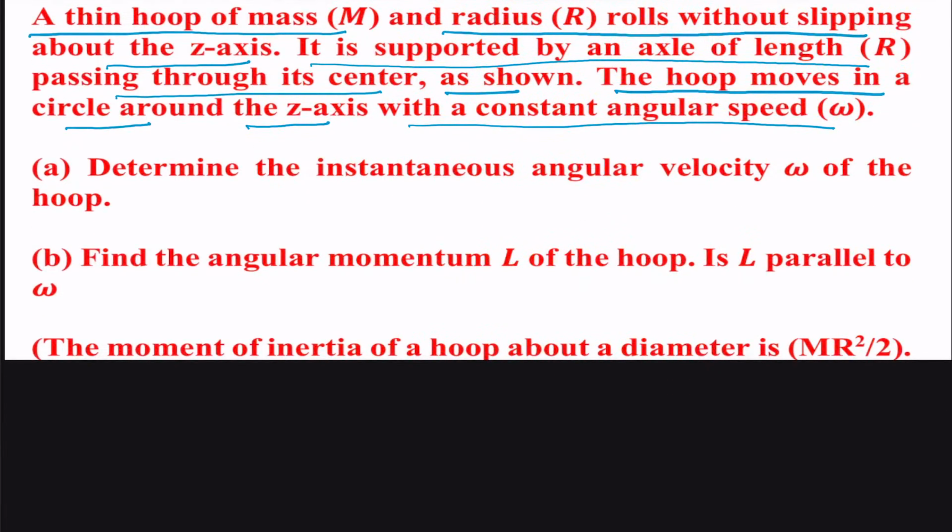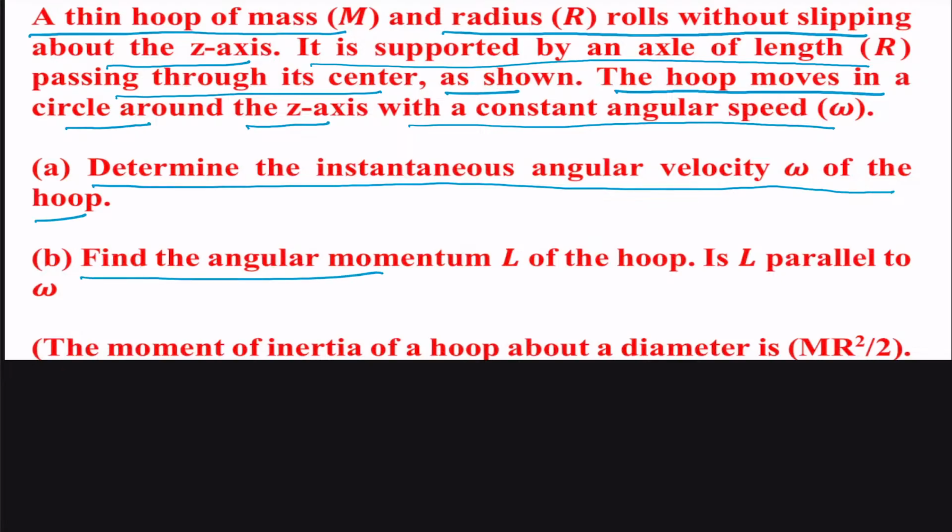And we are supposed to find out two things. Determine the instantaneous angular velocity omega of the hoop. Find the angular momentum L of the hoop; is L parallel to omega? And we are given that the moment of inertia of the hoop about the diameter is m r square upon 2.